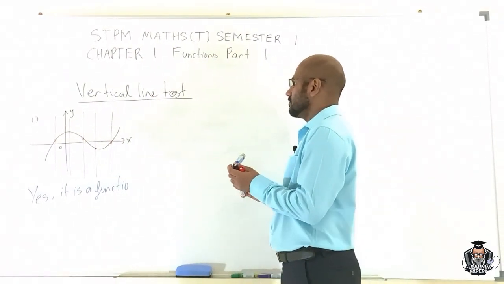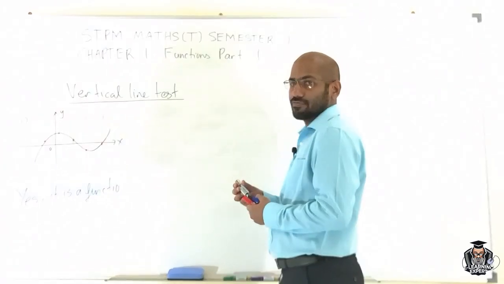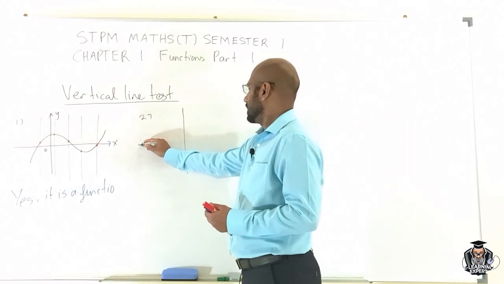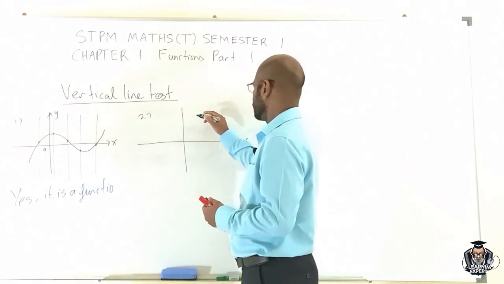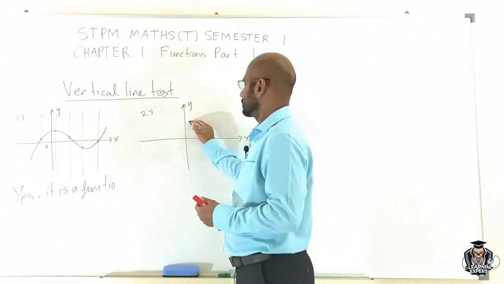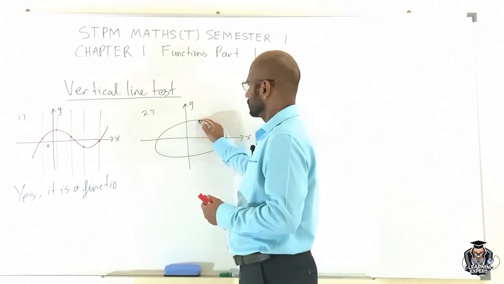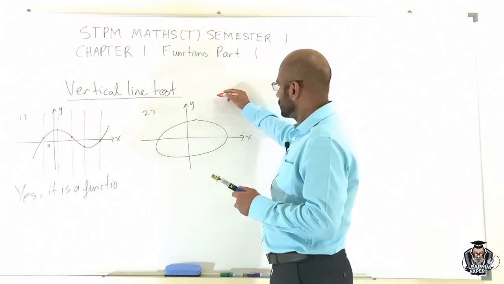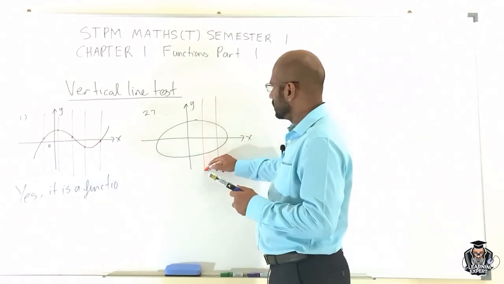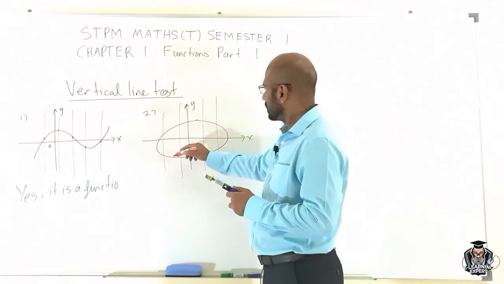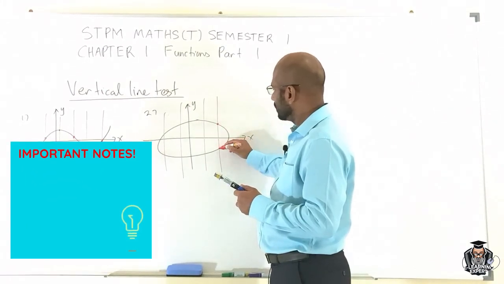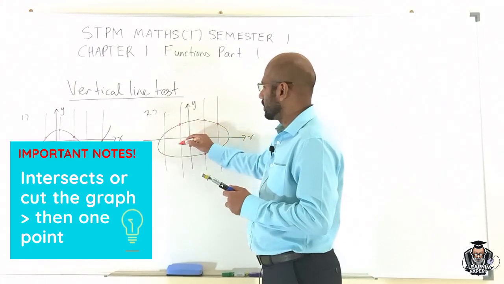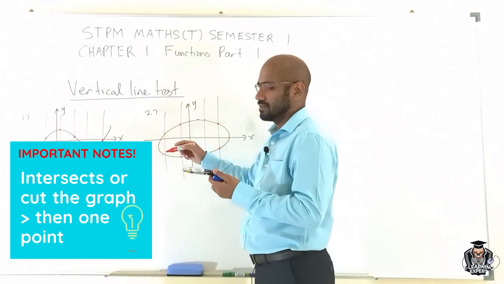Now what happens if we have a different type of graph over here? Probably something like an ellipse. Notice here, if I were to take a vertical line and just draw on this graph, it's obvious that one line intersects or cuts the graph more than once, or in this case at 2 points.